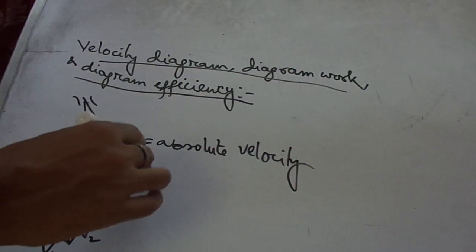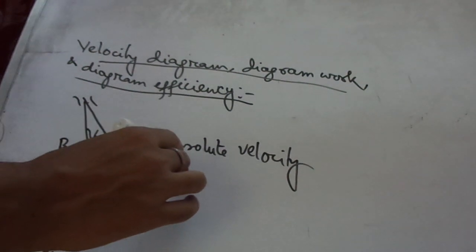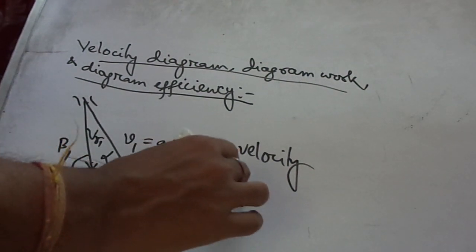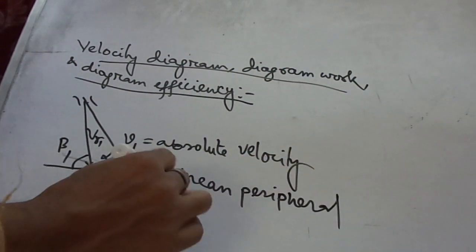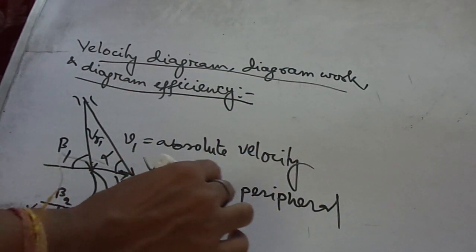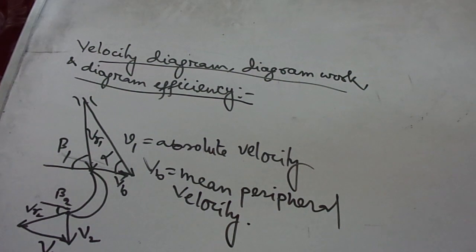So vb is the mean peripheral velocity. Steam leaves with relative velocity vr2 while its absolute velocity is v2.